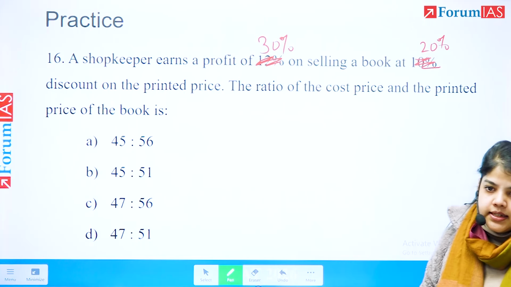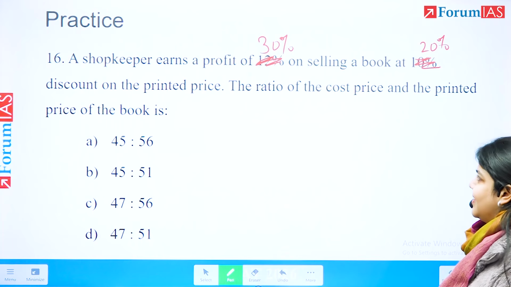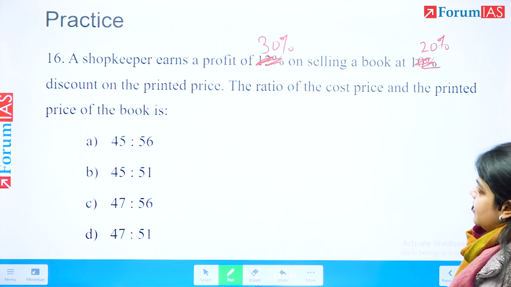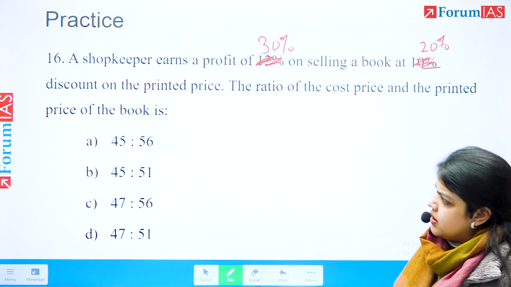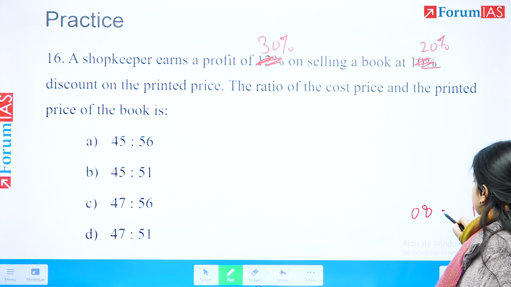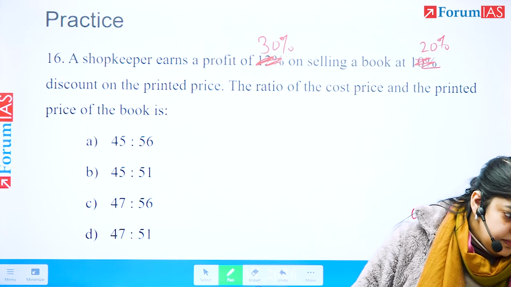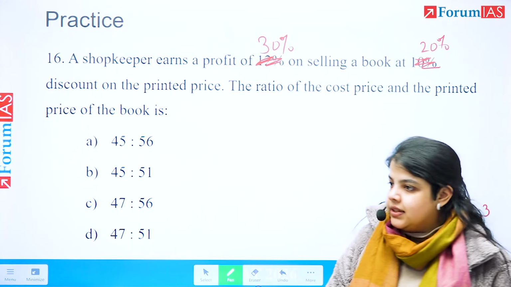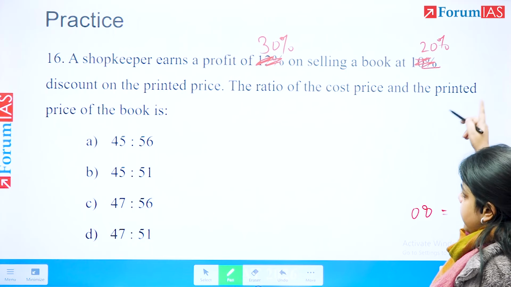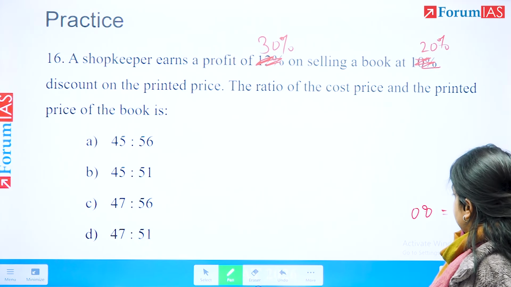Same question, but now the numbers are different. Profit of 30% on selling a book at 20% discount on the printed price. Find the ratio of the cost price and the printed price of the book.